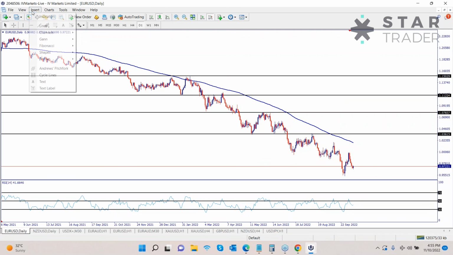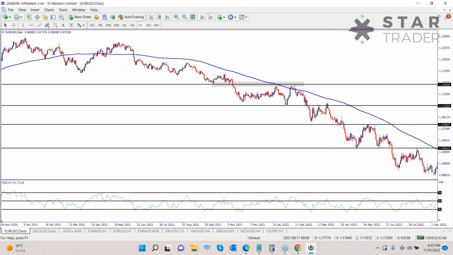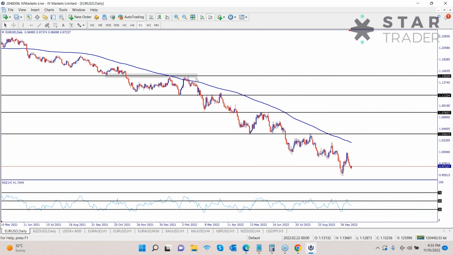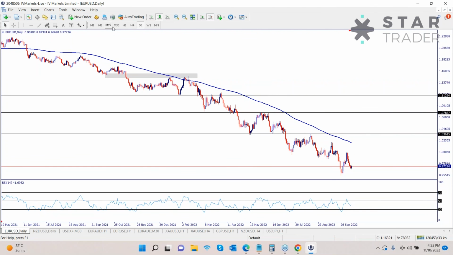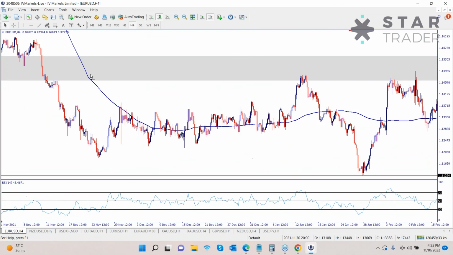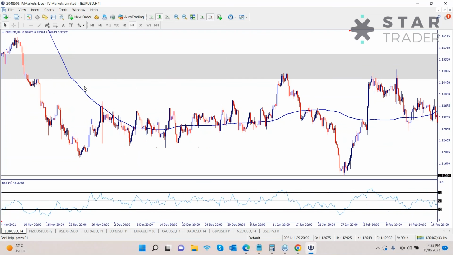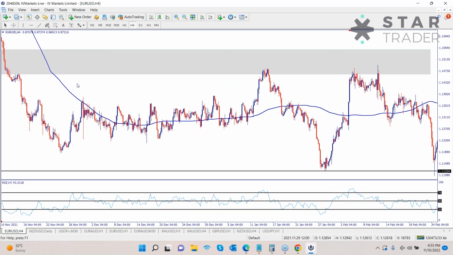It depends on you how you want to see the chart. You can simply draw this rectangle shape. If you draw this shape, it will cover all of your area, and you can delete this horizontal line. So when you draw this, it will become like this. It is all up to you how you want to see the chart.